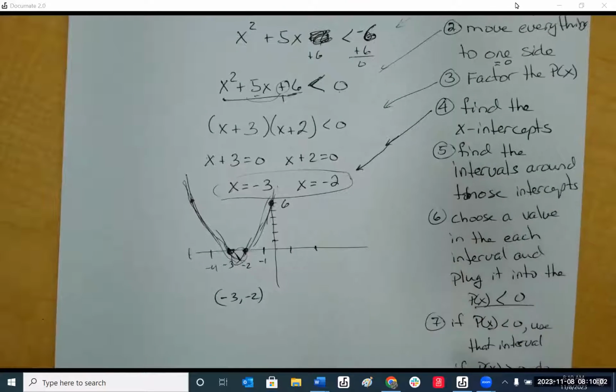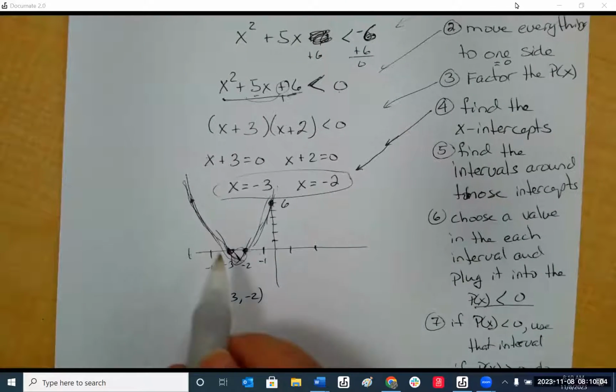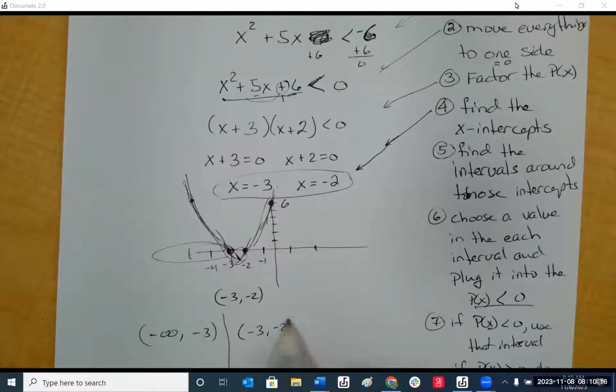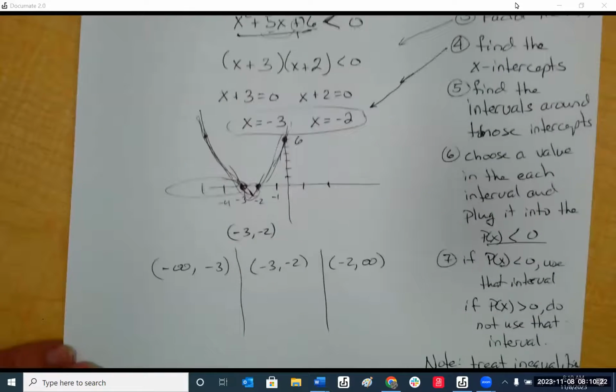But let's follow the rest of this. Our intervals are from -infinity to -3, from -3 to -2, and from -2 to positive infinity.